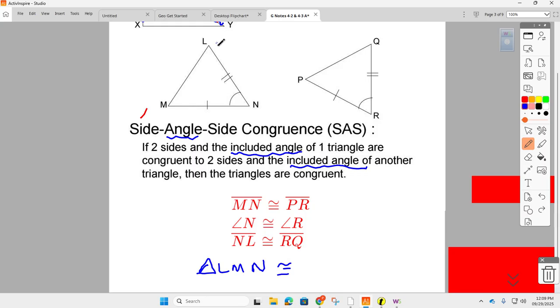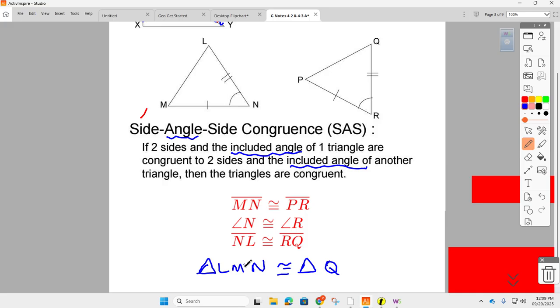Yes, Q is right. So you can see L is at the end of the side that has that congruent end, so Q is the other angle at the end of this side of this triangle where that congruent R is. So we're going to say triangle LMN, and L and Q are congruent.